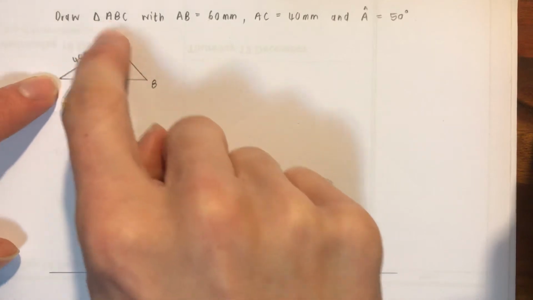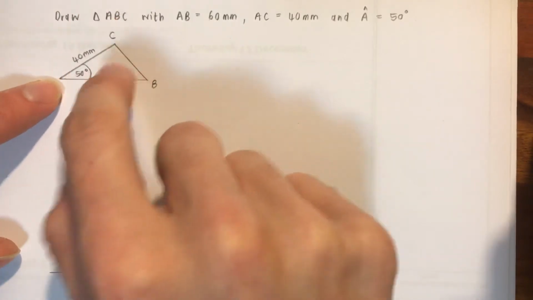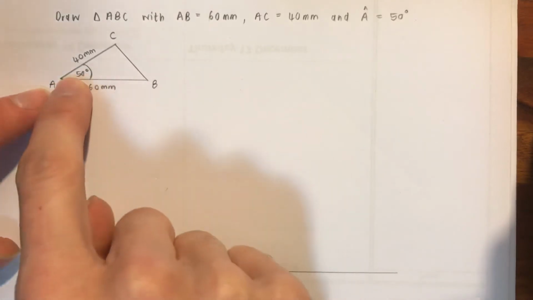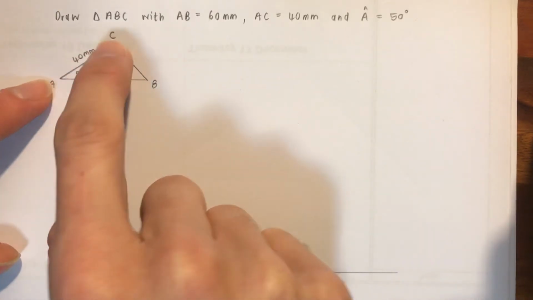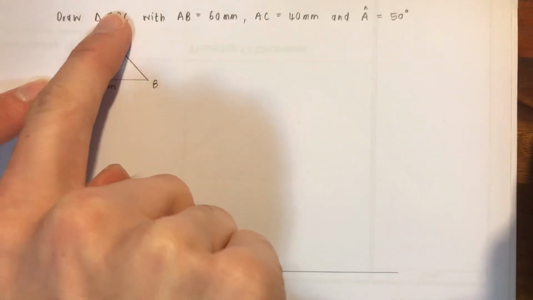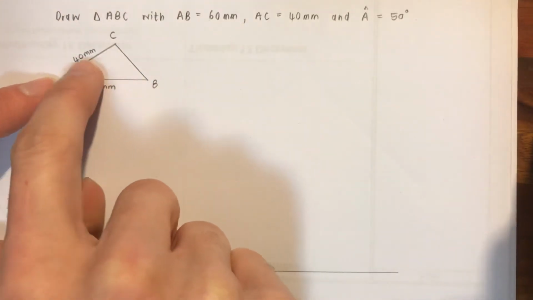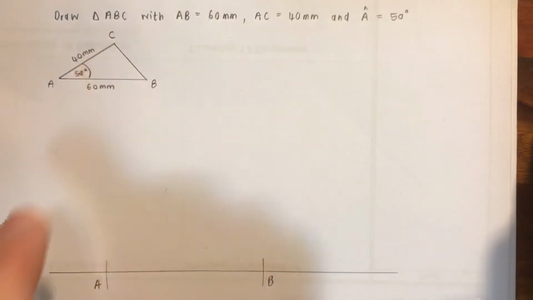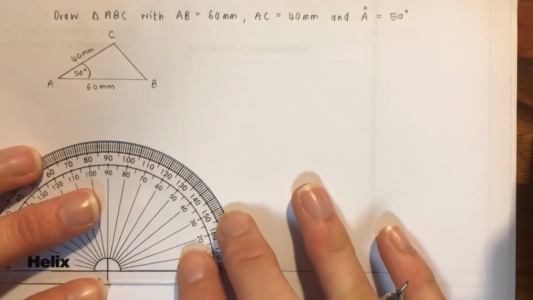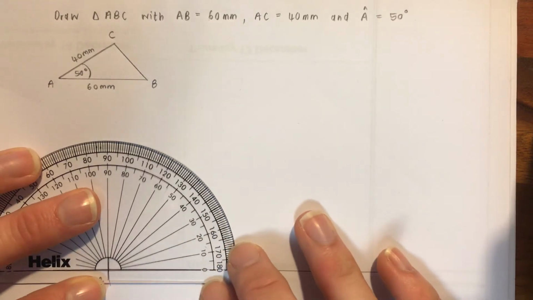So we can draw an arc here of 40 millimeters, but we also know that we have a 50-degree angle at A. So you can either first measure the angle and then connect the mark of the angle with point A and make sure that it's long enough, or you can first start with your 40 millimeter arc. So what I'm going to do is I'm first going to measure the 50-degree angle at point A.